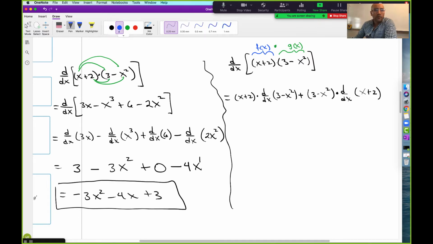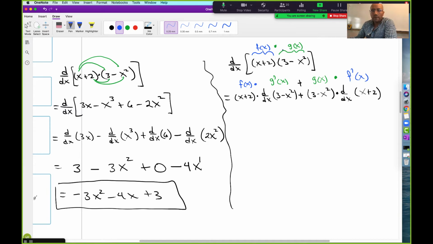Good? Questions? Another way of writing this is f of x times g prime of x, plus g of x times f prime of x.